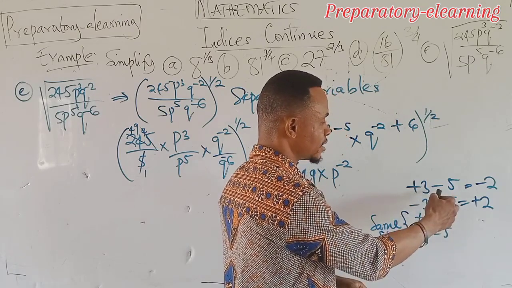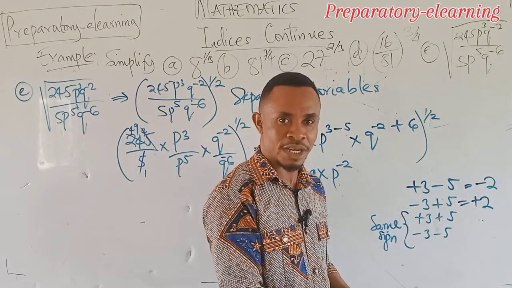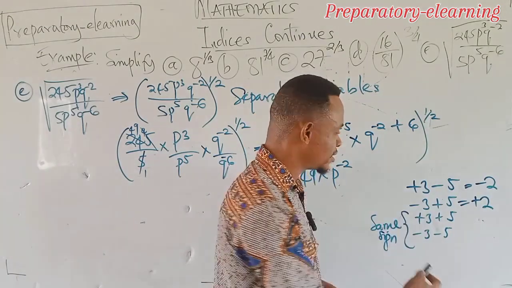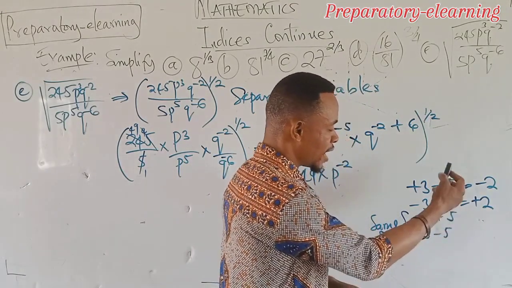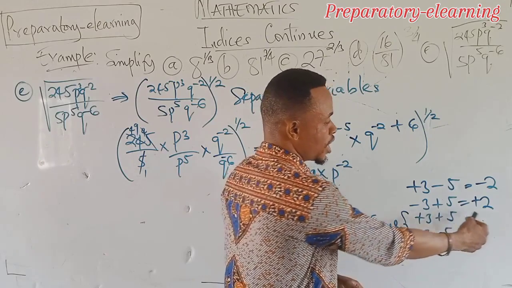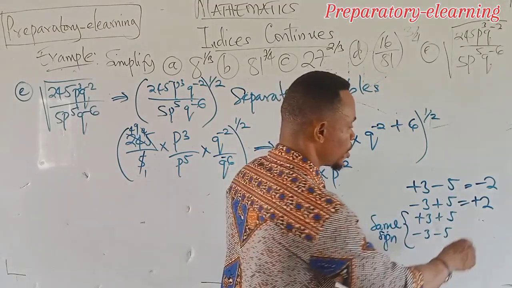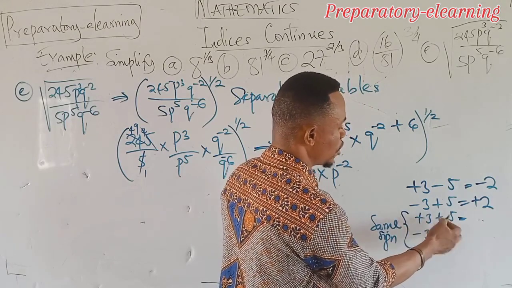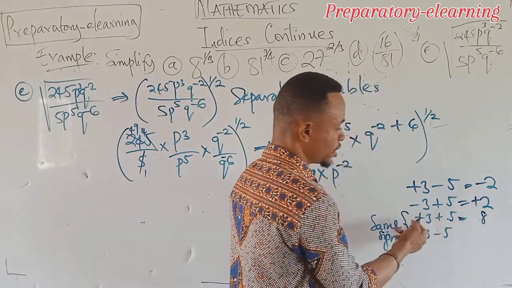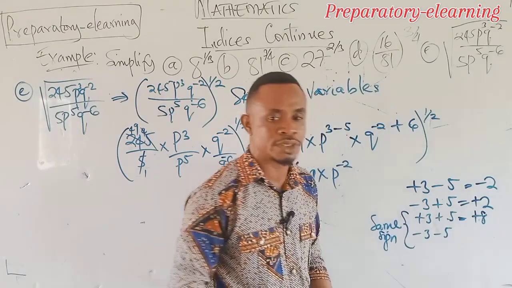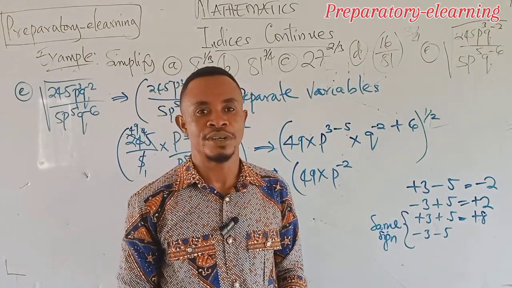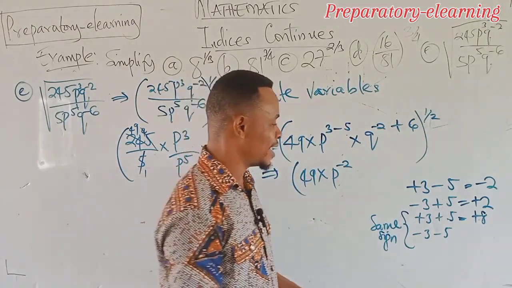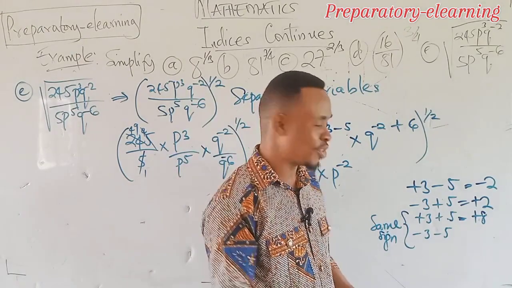For different signs, you find the difference. Hope you understand that. For same signs, you sum the numbers, and the same sign that is used will go together with the answer. For example, here we have plus 3 and plus 5. Sum the numbers, we have 8. What is the same sign there? Plus. So the answer is what? Plus 8.